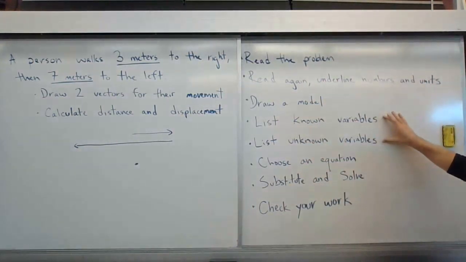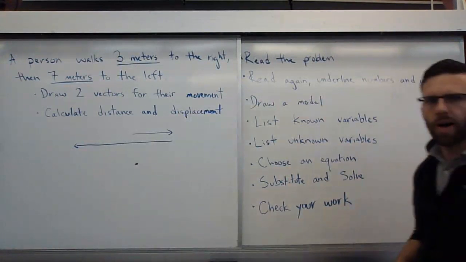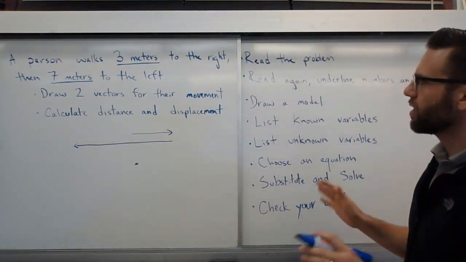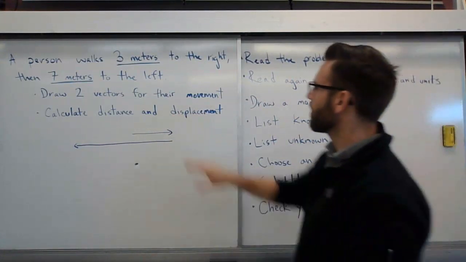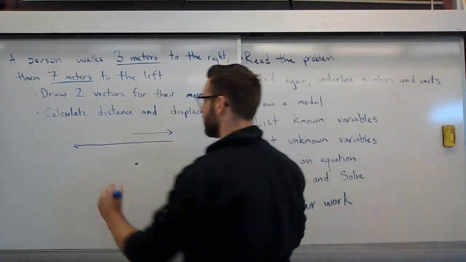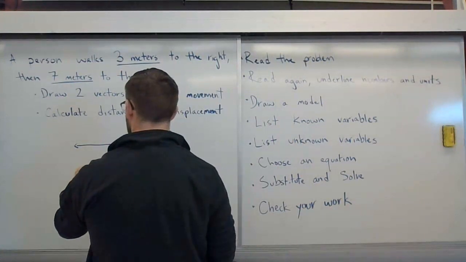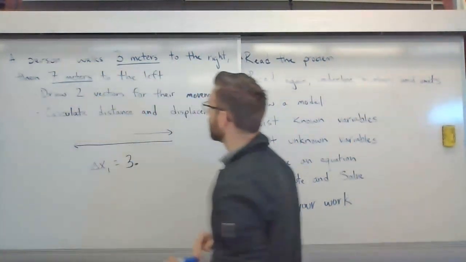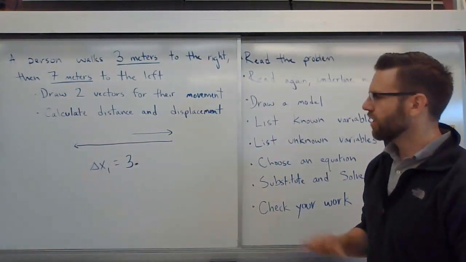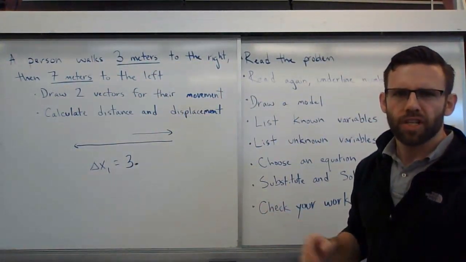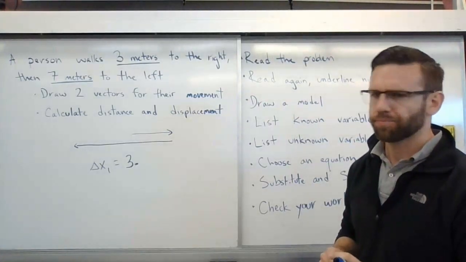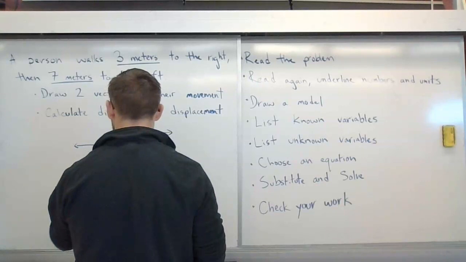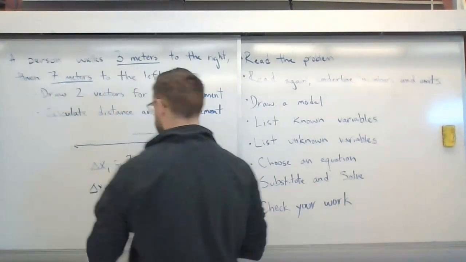Now I want to make sure I list my variables. So I have a couple of movements. All right, so I'm going to label these. My first one, I have a change in position of 3. So I'm going to call it delta x1, my first change in position. The next one I'm going to call delta x2, and I'm going to call it -7.